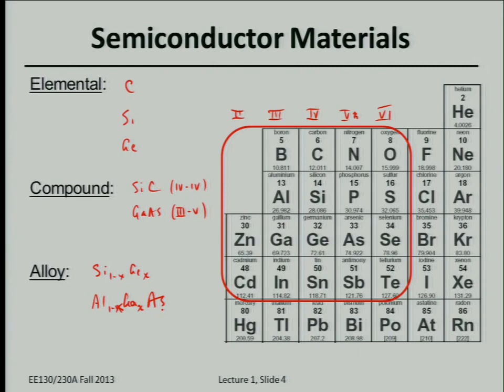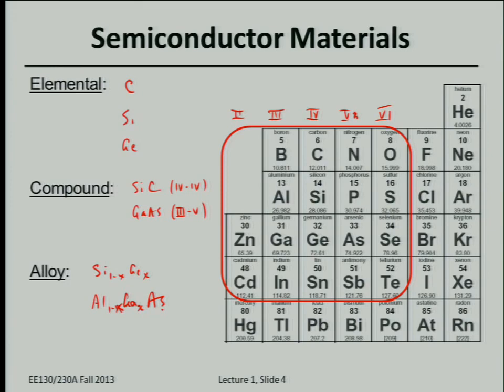If you have an alloy, you can actually adjust some of the electrical properties of the semiconductor, tune it. For example, if during manufacturing we control the percentage of germanium in a silicon germanium material in the source and drain regions of the transistor, we can control the lattice constant, the spacing of the atoms, and induce stress in the transistor to enhance performance.